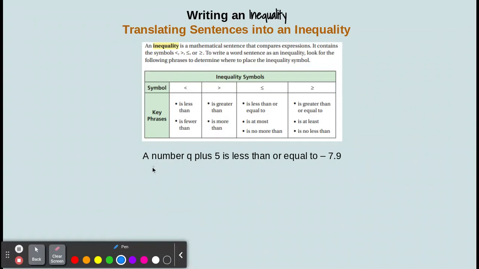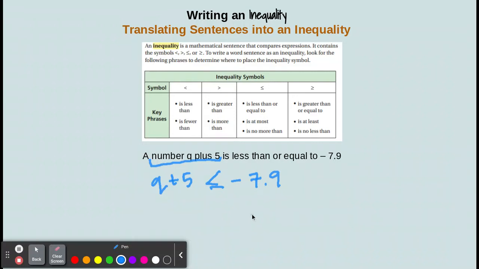So, for example, we have this sentence: a number q plus 5 is less than or equal to negative 7.9. Let's look at this first part: a number q plus 5. Well, a number q plus 5 is less than or equal to negative 7.9.